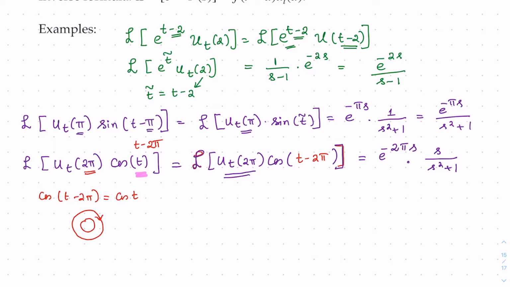If I simplify this, this would be e to the negative 2 pi s times s over s squared plus 1, right?